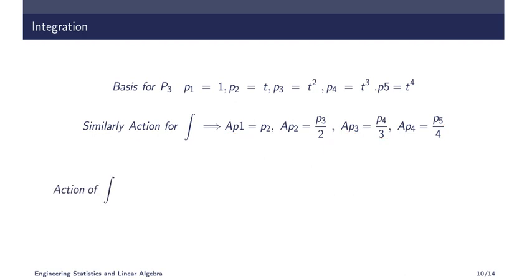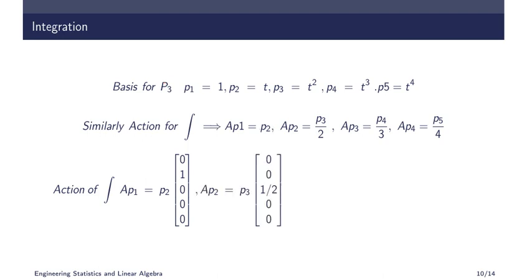Now we can represent this as a matrix. So here, for P2, the coefficient of P2 is only 1 and the remaining coefficients are 0. If you look here, there are 5 elements since it maps to P4. Okay, now next one, A of P2: the coefficient of P3 is half, that is why the third element is half and the remaining everything is 0.